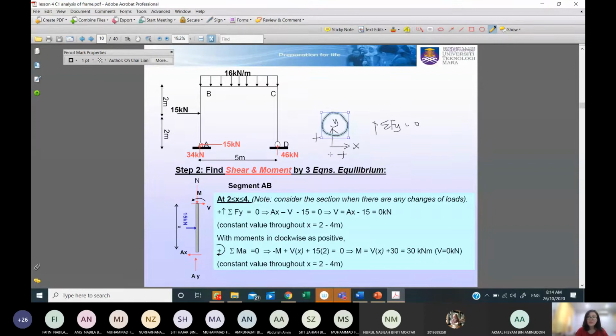But when we talk about local, local means this X will always be placed parallel to your member. For example, in this AB, the member is running vertically in the global direction.